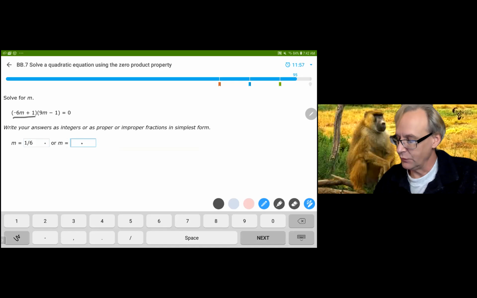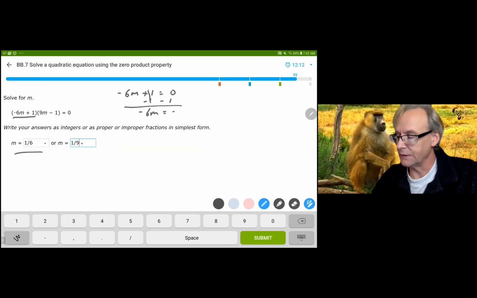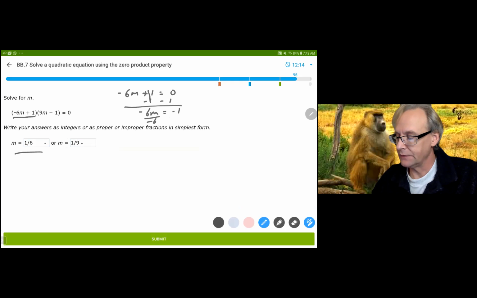And this one is going to be 1 over 9. I think I'm going to go ahead and write this one right there. I have a negative 6m plus 1 equals 0. I subtract 1. I get negative 6m equals negative 1. Dividing by negative 6 does give me positive 1/6, doesn't it? See that?